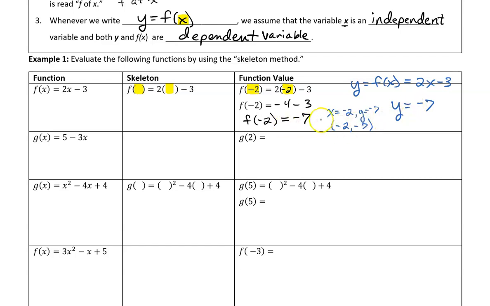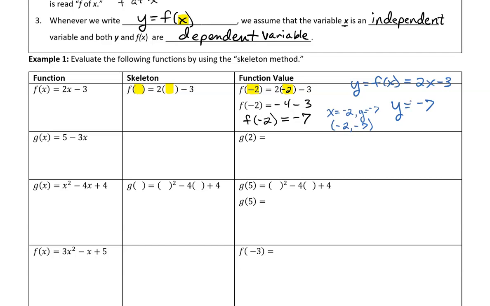In math, there's always a lot of ways to write certain ideas down, and that may be confusing because they all mean the same thing, but every notation has its place. So sometimes function notation is more useful, sometimes an ordered pair is, sometimes even just that y. Sometimes we just need the y value. So it's good to know our options and that there are options out there.